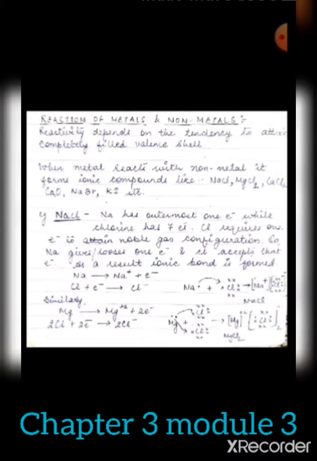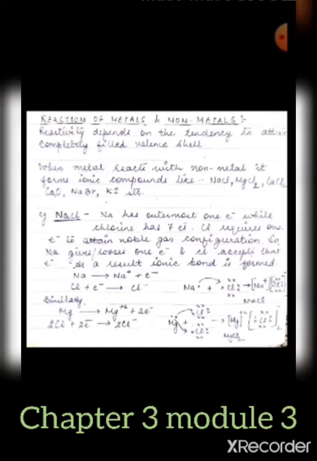So generally metals give electrons, and the non metals gain electrons. So electron donors are metals and electron acceptors are non metals, hence they will form a chemical bond. When the electrons are gained or lost, the bond which is formed is an ionic bond.